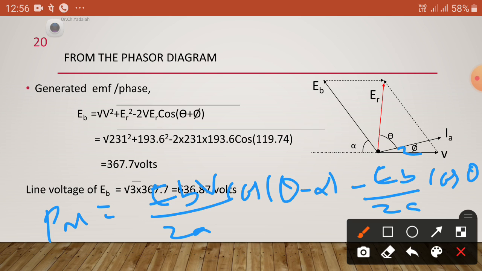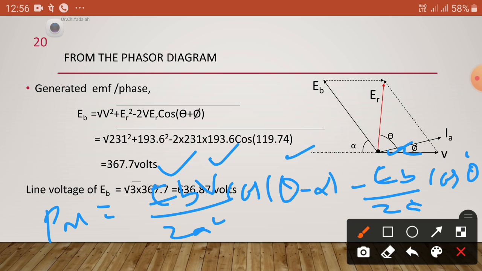Everything we know: Eb is calculated, V and Za are given, and this angle is also given. From this we are going to get the mechanical power developed during this period.